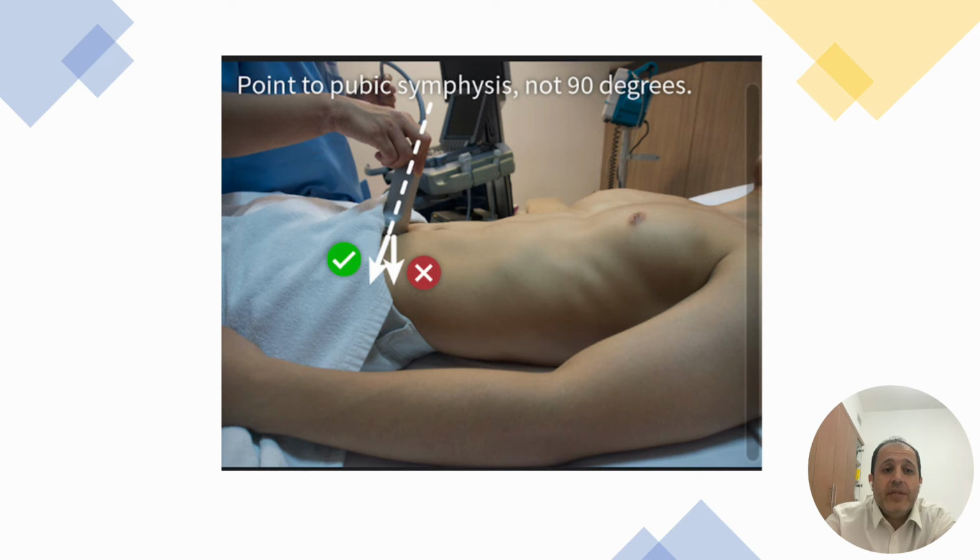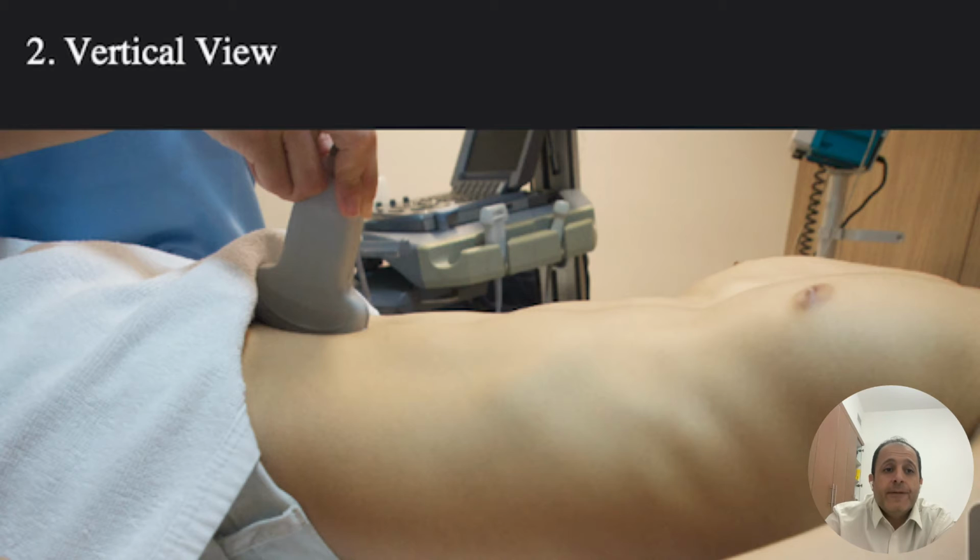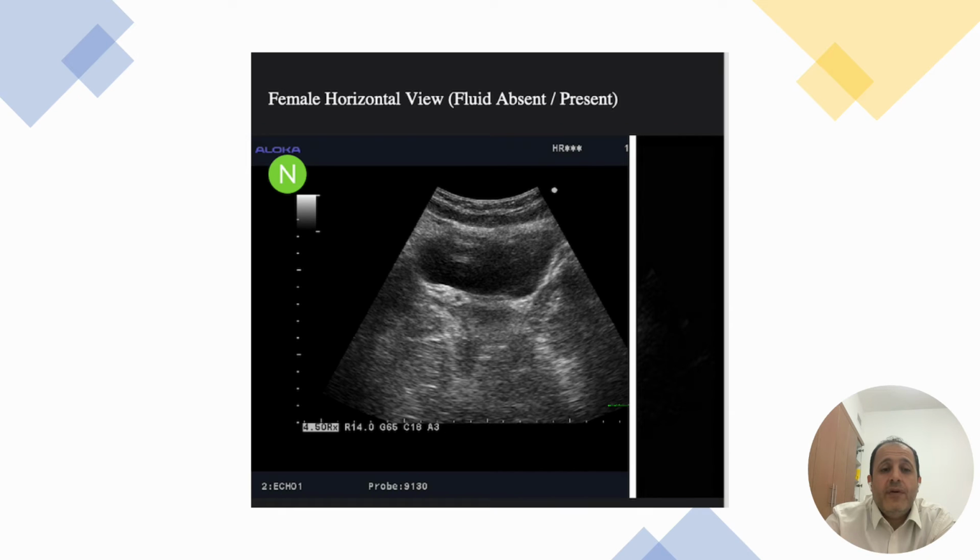We should keep it caudal and toward the pubic symphysis. And in the vertical view, we keep the ultrasound like that and tilt it toward the feet, and we will have images such as these.